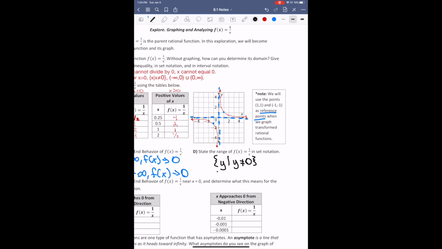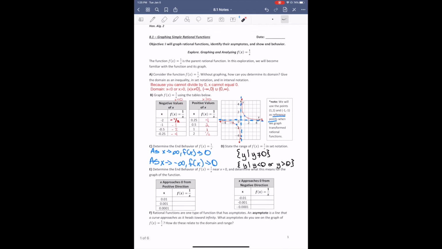Now we could also say, depending on how you would write your inequality, we could also state it as y is less than 0 or y is greater than 0. Set notation does correlate to inequalities, and remember, it all comes back to preference. Do you want to state your two different values, or do you just want to state what value y cannot be?